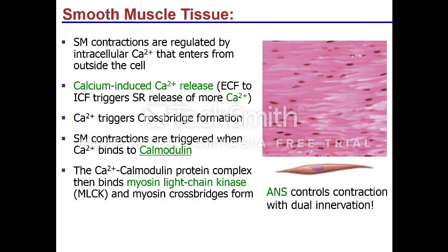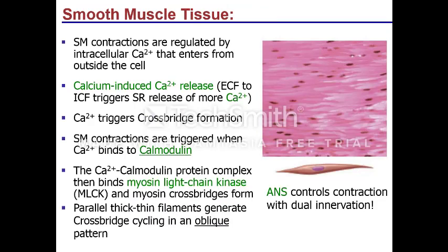Smooth muscle contractions are regulated by increasing intracellular calcium concentrations through a method of calcium-induced calcium release. This is where calcium enters from the ECF into the ICF compartment, and that influx of calcium triggers the SR to release even more calcium.